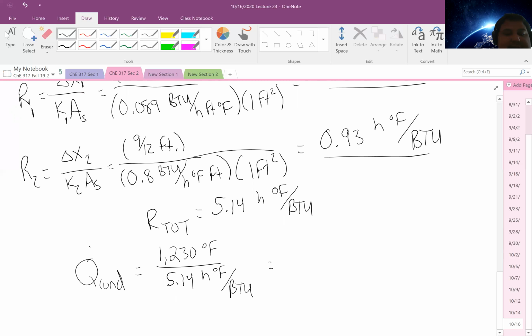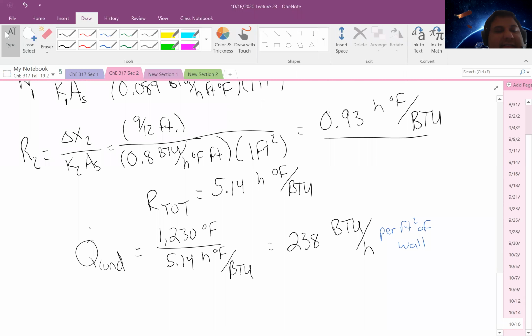What I get is approximately 238 BTUs per hour, on my basis, per foot squared of wall. So in essence, what we're really solving for is a flux, because the area isn't specified.